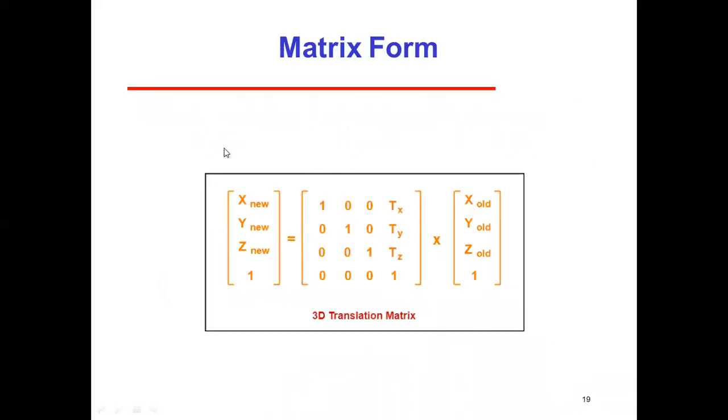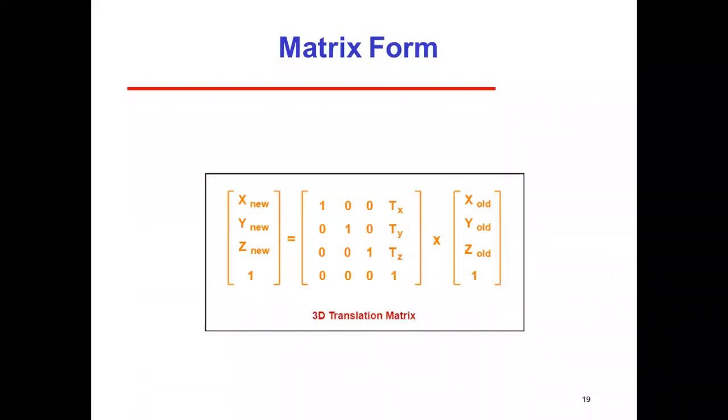So this is the matrix form. Now x new, y new, z new, 1 equals the matrix 1 0 0 tx, 0 1 0 ty, 0 0 1 tz, 0 0 0 1, multiplied by x old, y old, z old, 1. In this way you can indicate.